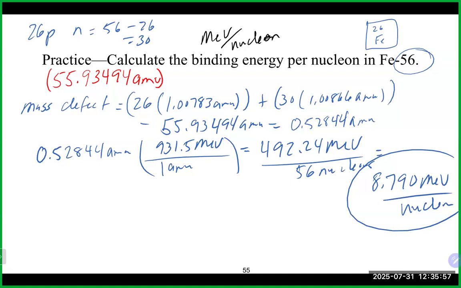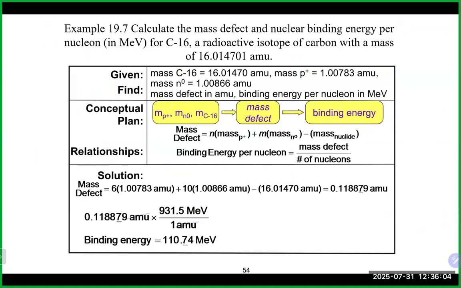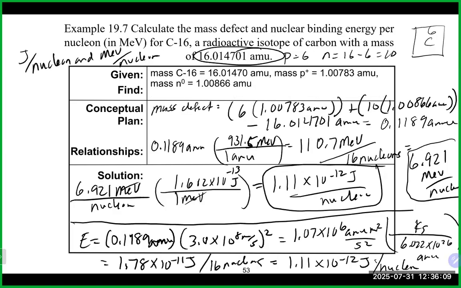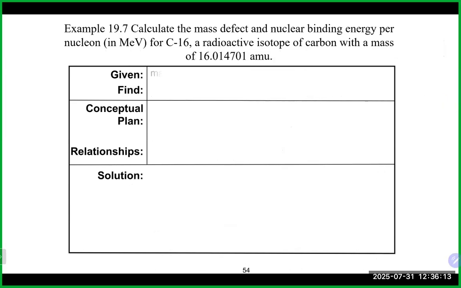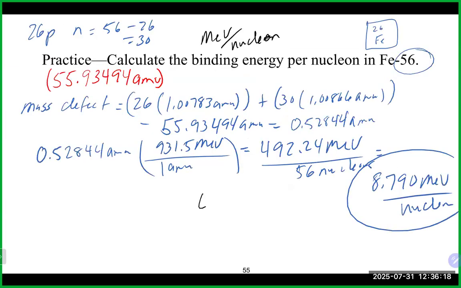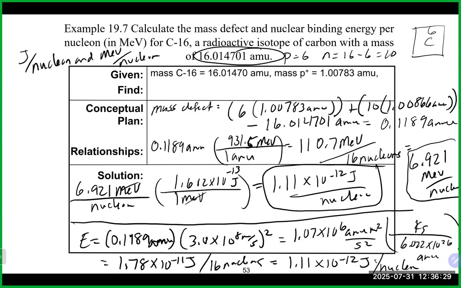Now, as we talked about before, this is a measure of stability. So if we just look at the ones we did, we had 6.921 for our carbon 16. And we also had, what we did there, the fluorine, I think it was.